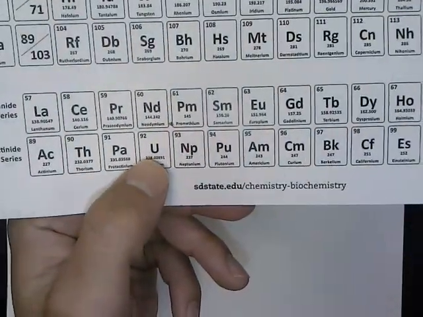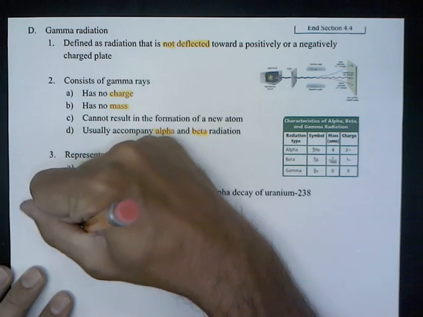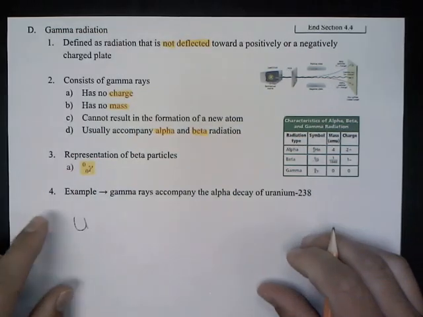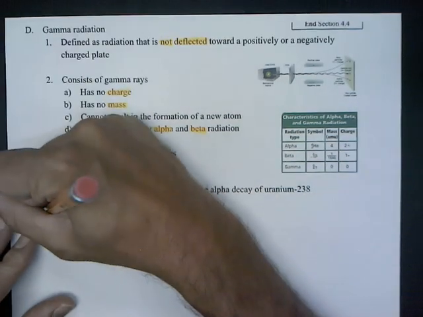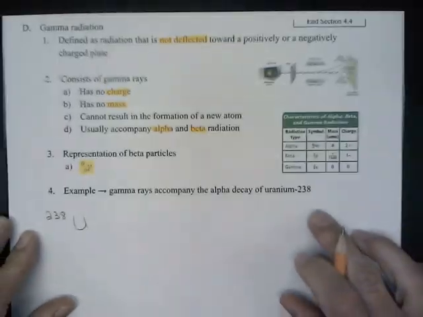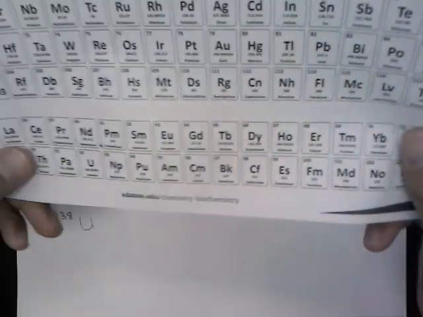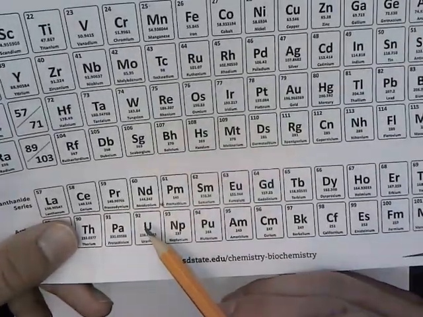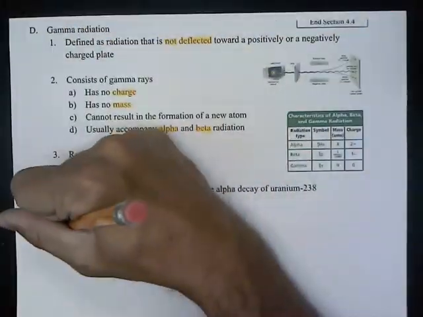The symbol on the periodic table is U. In the upper left-hand corner we write down 238 because that's the mass number. And then in the lower left-hand corner we write down the atomic number, the whole number here with uranium, which is 92.